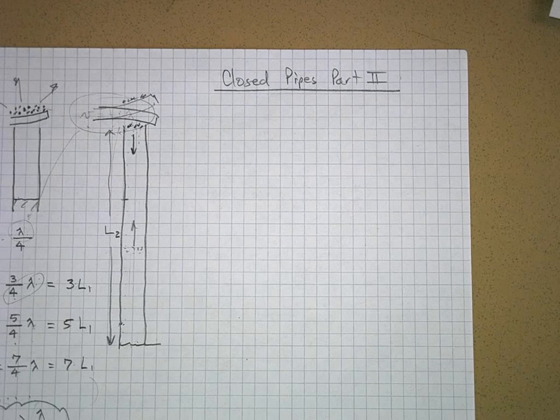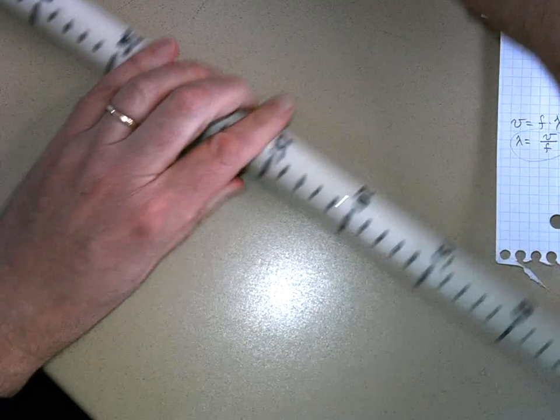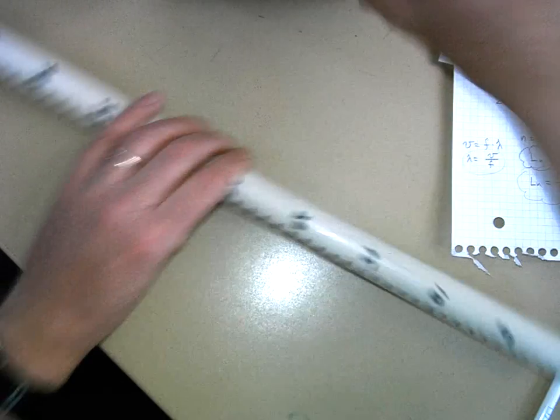I'm going to try this on the... I've got this pipe right here. Here's this PVC pipe. Let's zoom all the way out so you can see it.